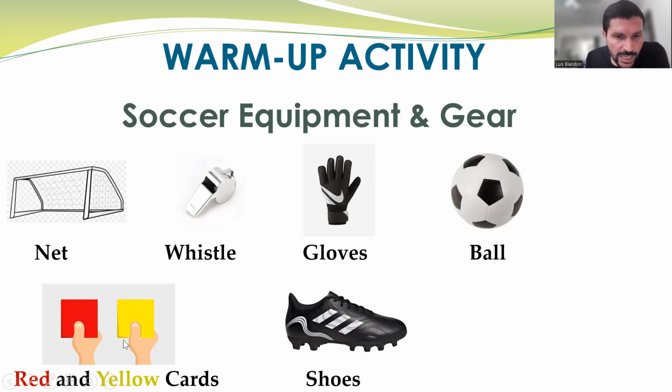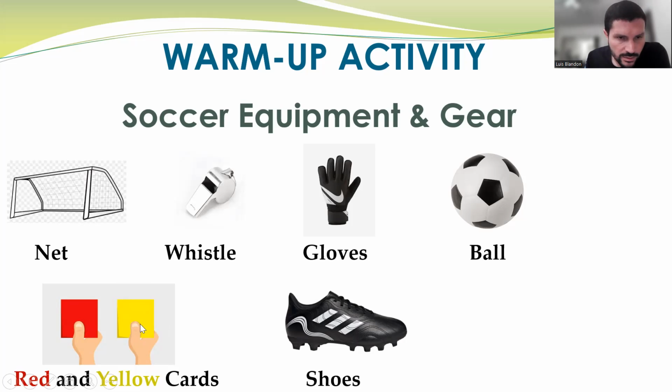Now, if you come down to the last line, we have the red and yellow card. So we have the color red for red card, red card, red card. And then we switch to the yellow card now, the color yellow. This is what we used in soccer to play the game.